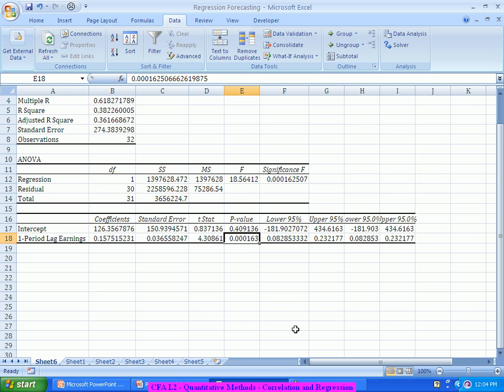So the simple interpretation is, if I got the p-value, let's say, as 0.03, it means, in percentage, 3%. Take this as the significance level, a 3% significance level.